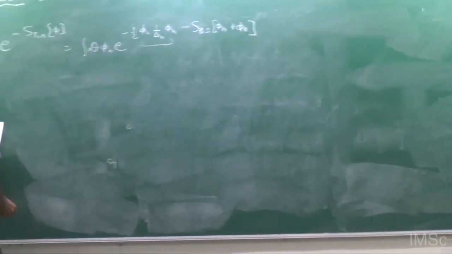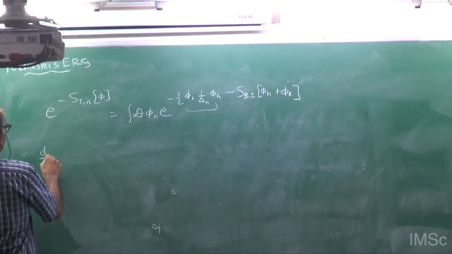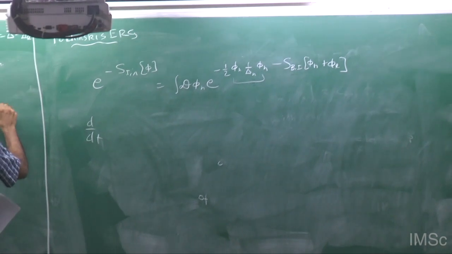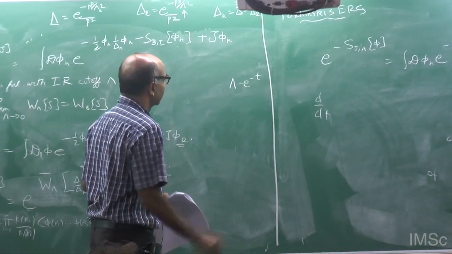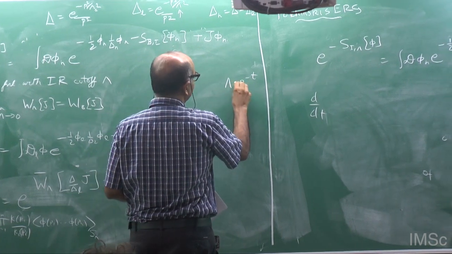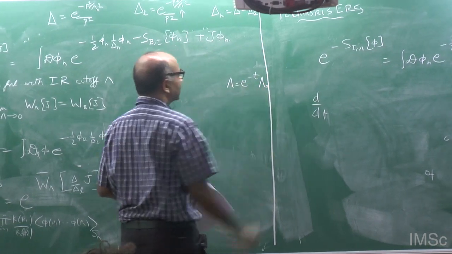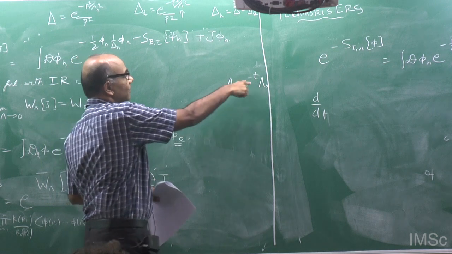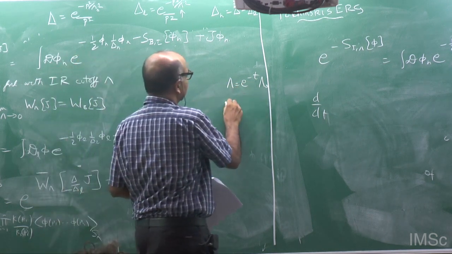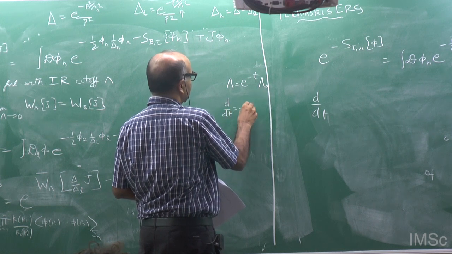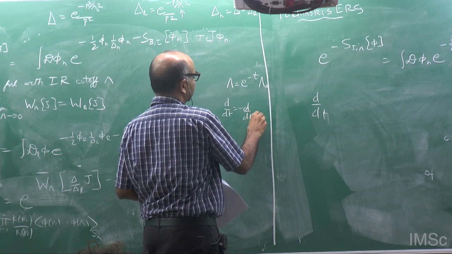So if you want to calculate the derivative of this, so d by dt, so when I say t now, lambda is like e to the power of minus t, or if you want to be very precise, lambda equals this times lambda naught. So as you progress in time, you're going to the infrared. So d by dt is minus d by d log lambda.